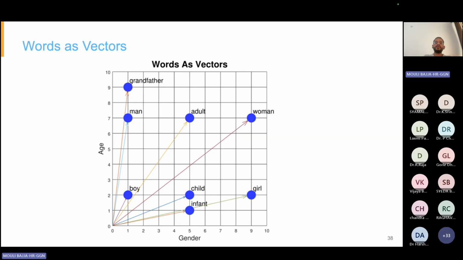Grandfather, man, adult, woman are closer together on the age side. On the gender side, you will see boy, man, grandfather together and girl, woman together. So automatically these large vector lengths for each word started showing the relationship more strongly.